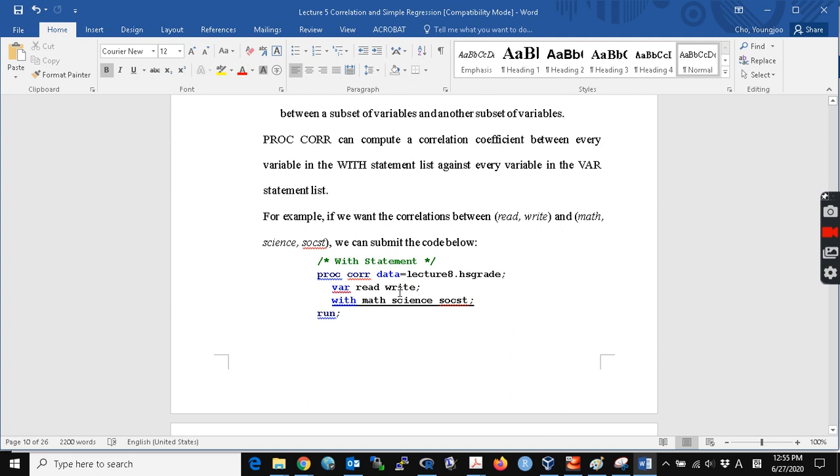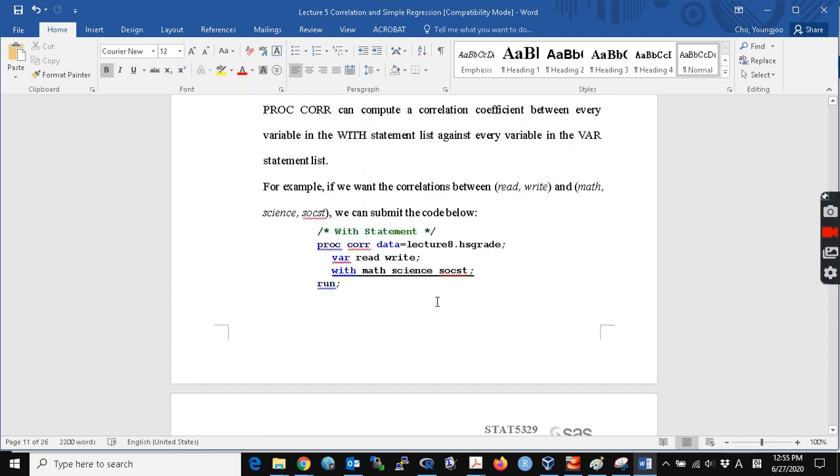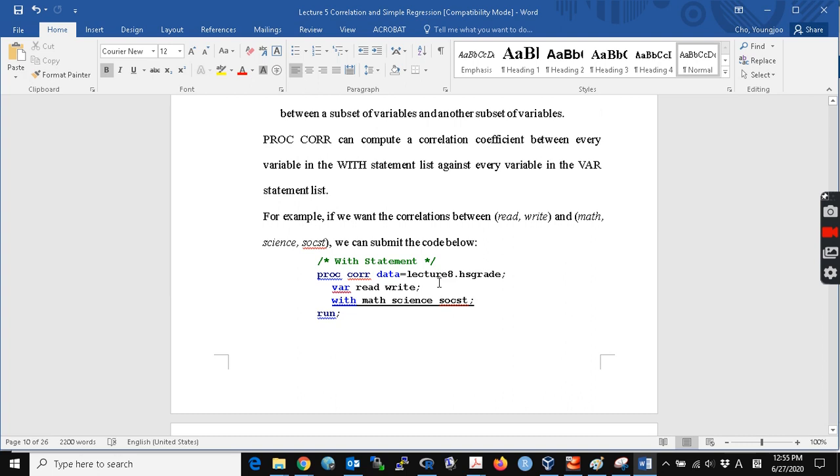So we compute read and math, read and science, and read and social study, and write and math, write and science, and write and social study. So using the with statement, we can calculate the correlation between one group of variables and another group of variables.